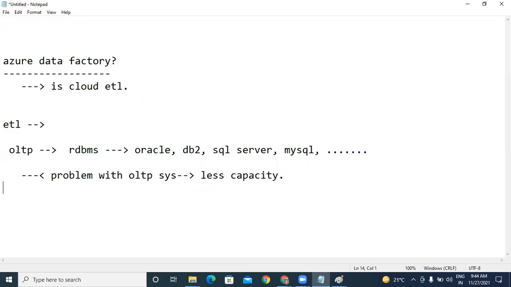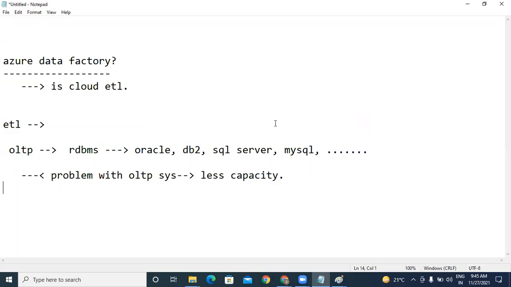Sir, if you go back 10 years, 1 terabyte of volume was a big volume. But nowadays 1 terabyte is nothing. Your laptop has 1 terabyte of storage. If you integrate 10 of your friends' laptops into a cluster, your server has 10 terabytes of storage capacity.